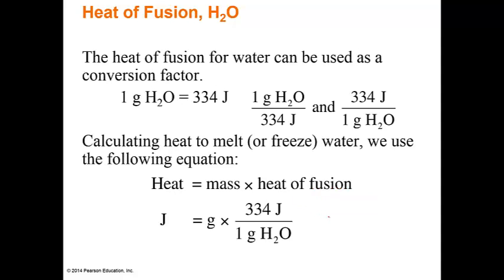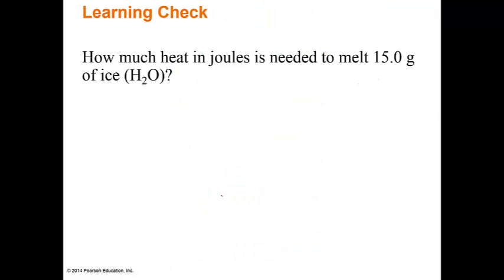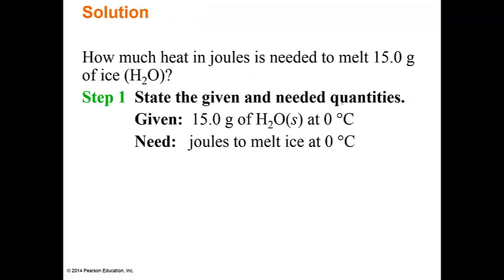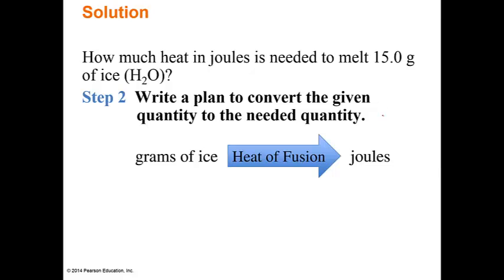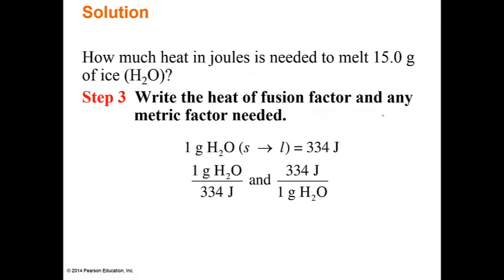Cool. So let's say we've got our constant, this 334. And let's say we wanted to figure out how much heat is needed to melt 15 grams of ice. We know we have 15 grams of ice, and we know the heat of fusion is 334 joules per gram.